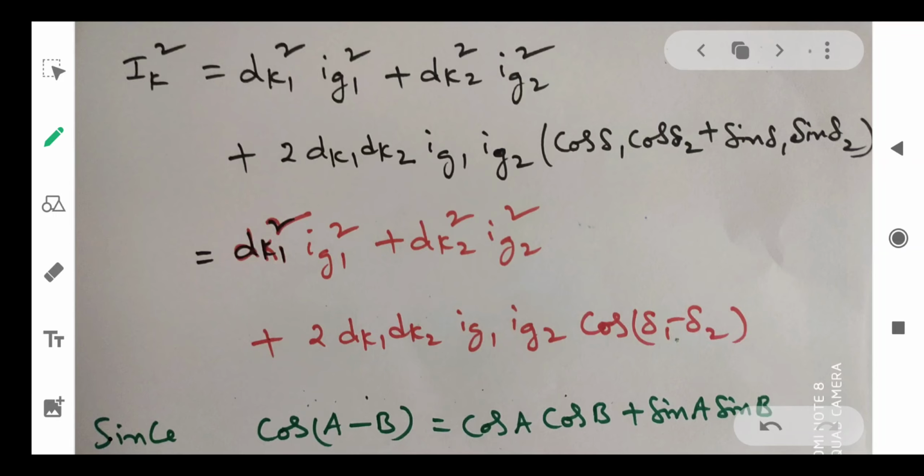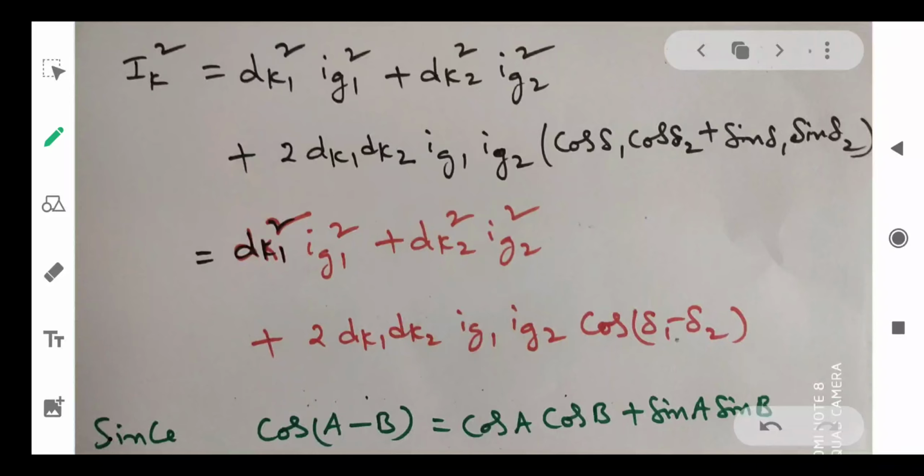So that is equal to dk1 square Ig1 square plus dk2 square Ig2 square plus 2 dk1 dk2 Ig1 Ig2 into cos of delta 1 minus delta 2. Since cos(a minus b) equals cos a cos b plus sin a sin b, using that relation, cos delta 1 cos delta 2 plus sin delta 1 sin delta 2 equals cos(delta 1 minus delta 2).